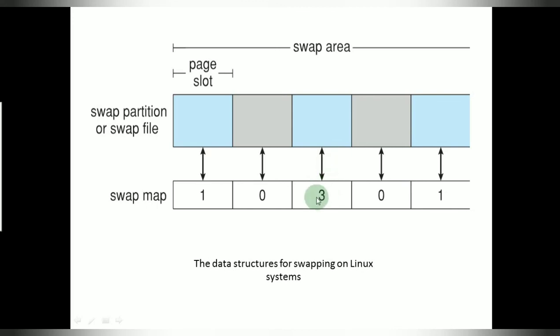For example, here the counter value is 3. That indicates that the swapped page is mapped to 3 different processes. So this is one of the ways the swap area or the swap space is managed.